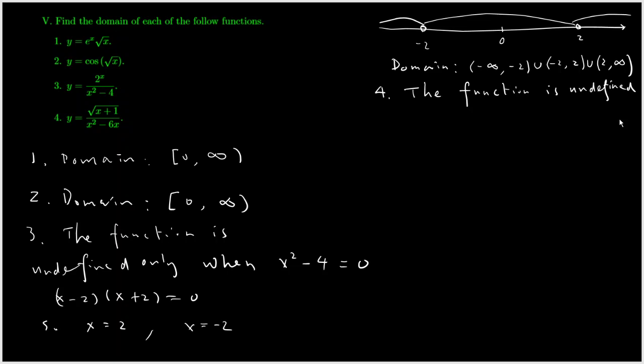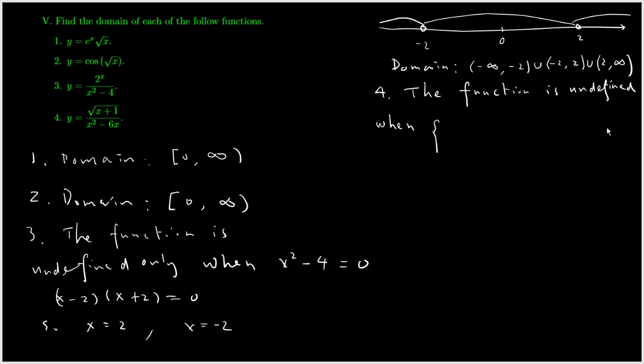It's undefined when you check two things. The first is the stuff under the radical, the stuff inside the radical. I think people say it in two ways, either under the radical or inside the radical. The same thing.